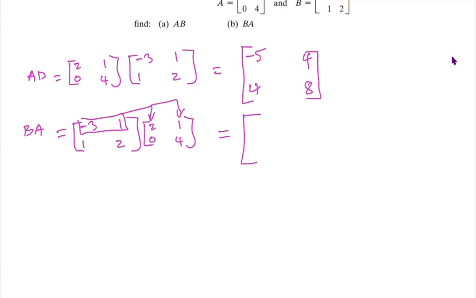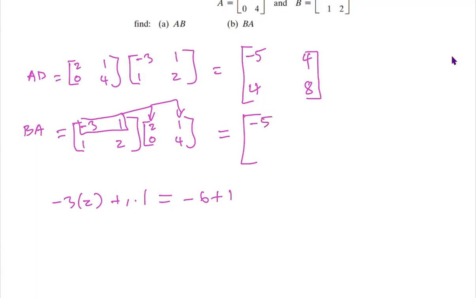We know we're going to have a 2 by 2 matrix. So that's negative 3 times 2 plus 1 times 1 equals negative 6 plus 1, which equals negative 5.